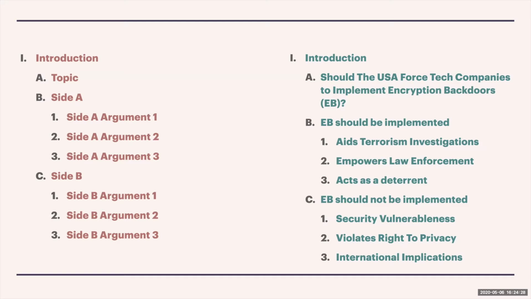And that's it. You're just doing 2 sentences that list off the main arguments you're going to be going over on each side. And then you'll say, the purpose of this analysis is to analyze the debate over whether the United States should force tech companies to implement encryption backdoors.